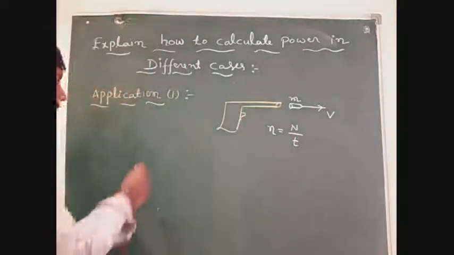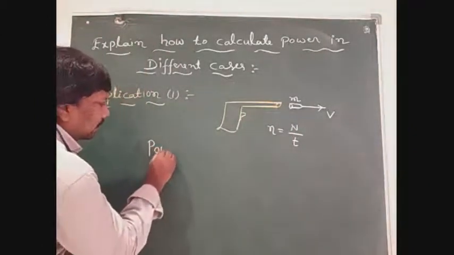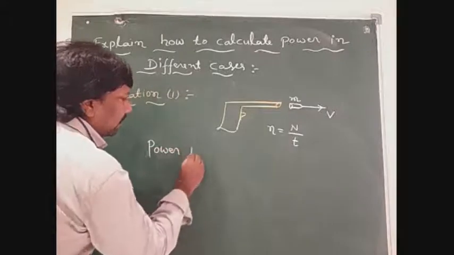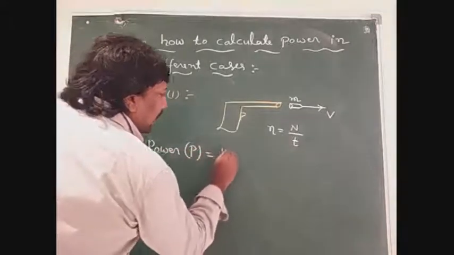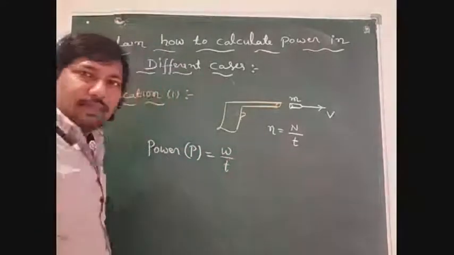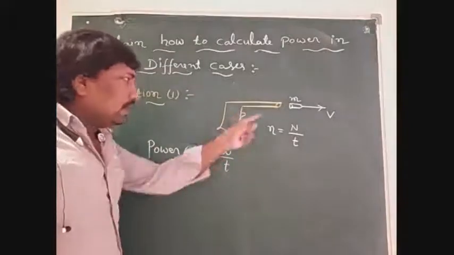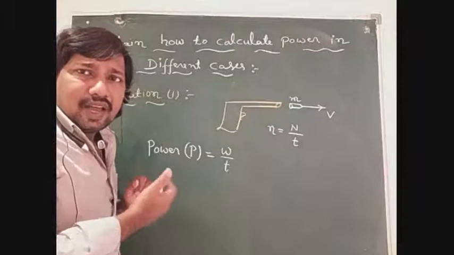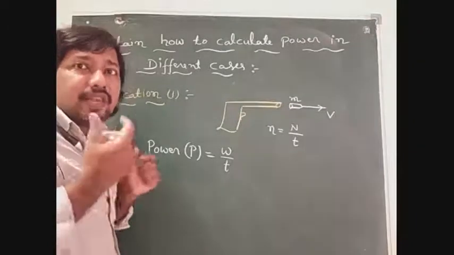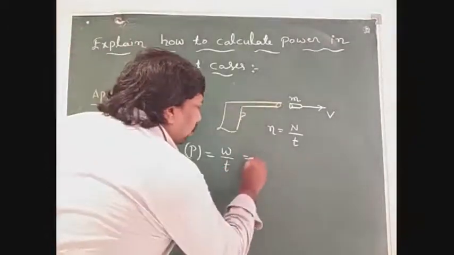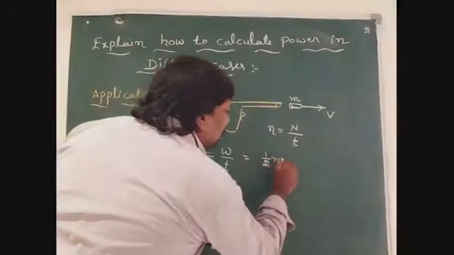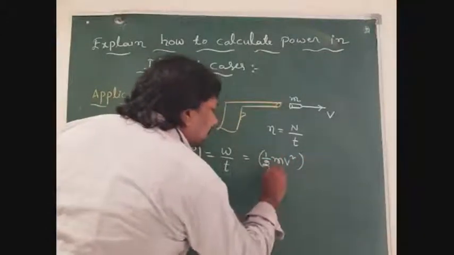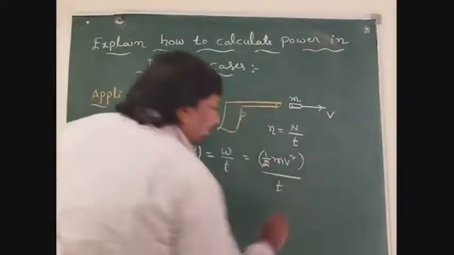So the power of the machine gun is equal to work done by time, we know that. When a bullet is released from the gun with some velocity, its energy is kinetic energy, half mv square by time t.